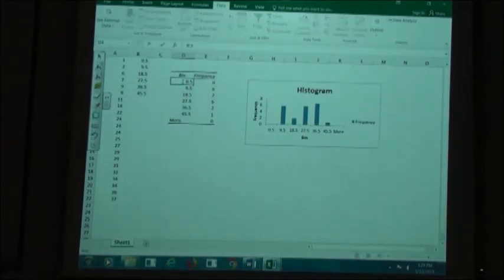So I'm just going to click in there. I'm going to type in up to 0.5 and notice it updates my histogram there. And then I just added that in front of each one of them.